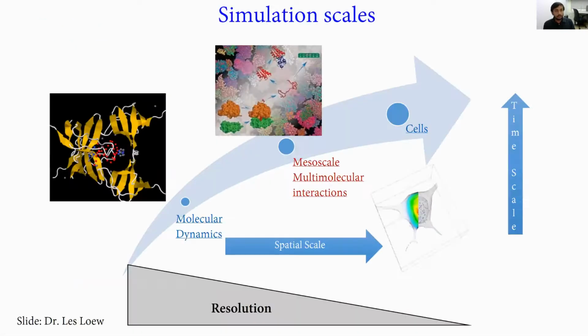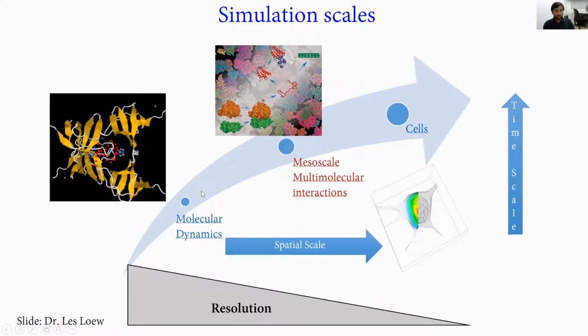This is probably one of the most important slides in this tutorial to understand when to use which particular type of simulation framework. Here, on the x-axis I have space and on the y-axis I have time. Depending on the resolution at which you want to look at your system, you want a different type of simulation approach.